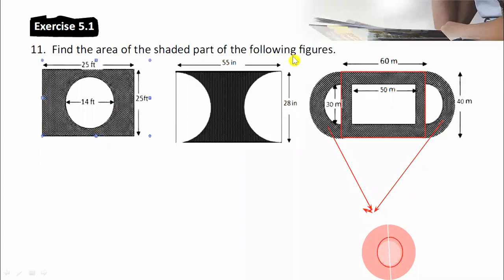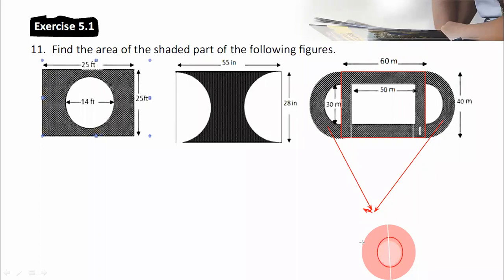For the rectangular part, the area of the shaded part is the area of the outer circle minus the area of the inner circle. Sorry, rectangle. Sorry, I was saying circle. Area of outer rectangle minus area of inner rectangle. After subtracting the inner rectangle from the outer rectangle, the area of the shaded part comes. Similarly, to find the area of the shaded region for these two semicircles, we have to subtract the area of the inner circle from the area of the outer circle. Is it clear or confusing again? This question has to be done by dividing it into two parts. In one, area of outer rectangle minus area of inner rectangle, and second, area of outer circle minus area of inner circle.